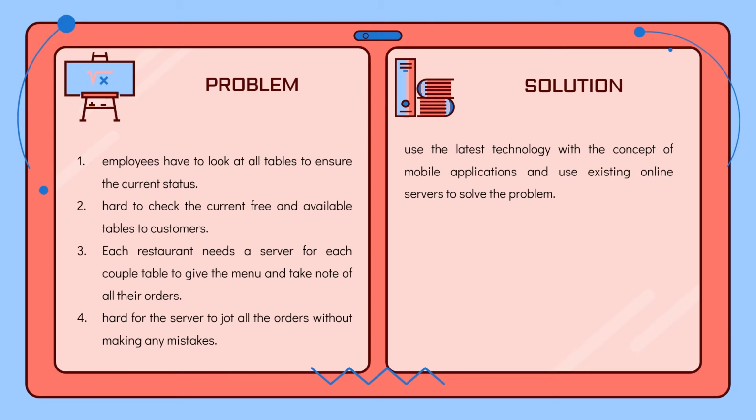Lastly, it's hard for a server or waiter to jot down all orders without making any mistake, especially when customers come in a big group. So the solution for this problem is using the latest technology with the concept of a mobile application and the use of existing online servers.